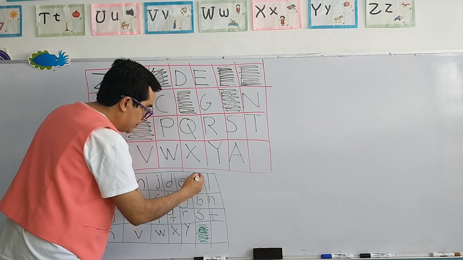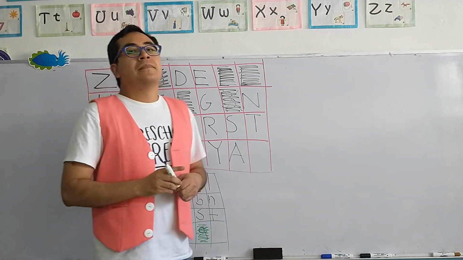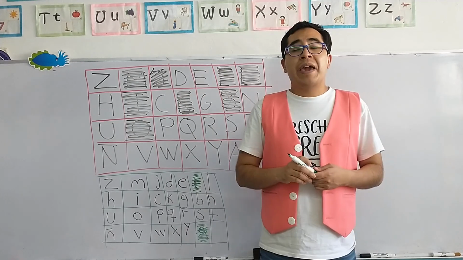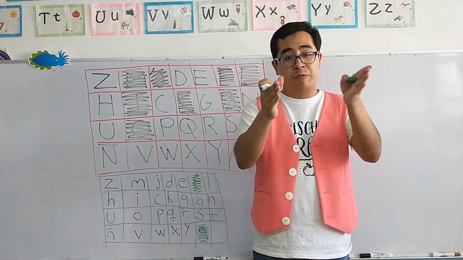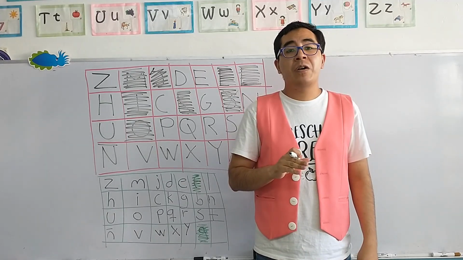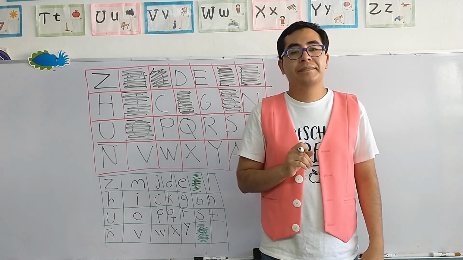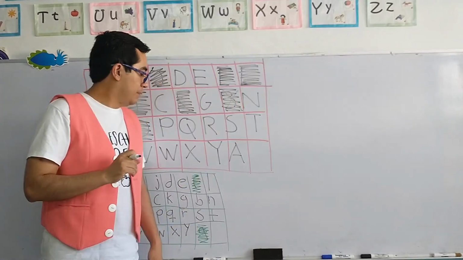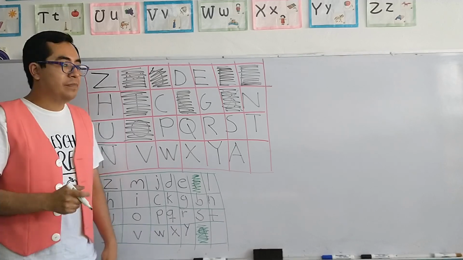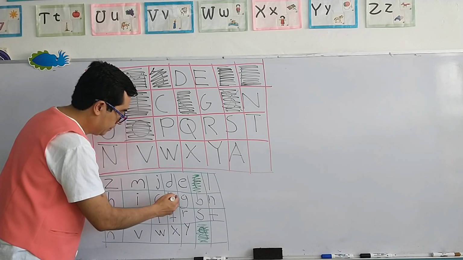Right here. Small K, of King Kong. Remember the letter of King Kong? Of kite. Right here.